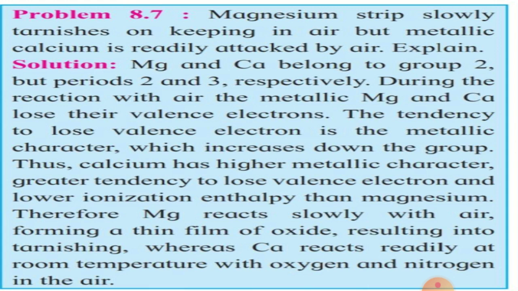So calcium has higher metallic character, greater tendency to lose valence electrons, and lower ionization enthalpy than magnesium. Due to this reason, magnesium reacts slowly with air, forming a thin film of oxide, which results in tarnishing of the strip, whereas calcium reacts readily at room temperature with oxygen and nitrogen in the air.